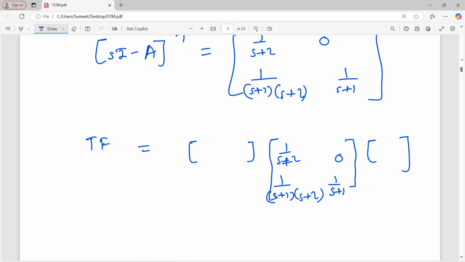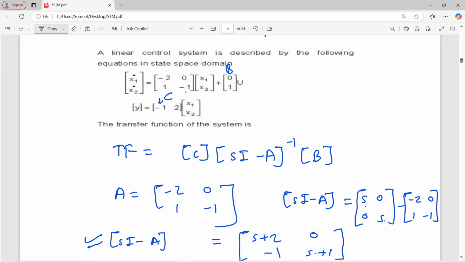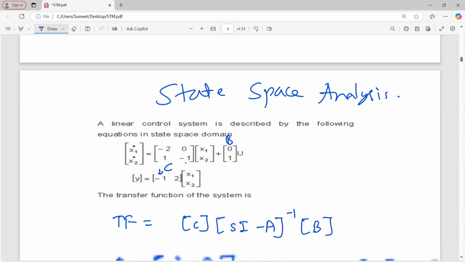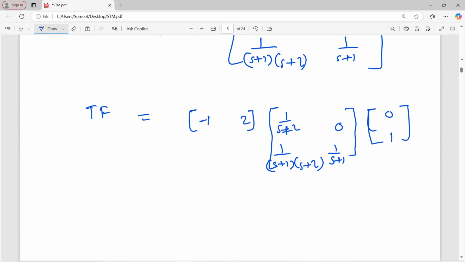Put the value of B matrix also. Okay, so I will just check what are the values of C matrix and B matrix. So C matrix is [-1 2], and B matrix is [0 1]. Okay, C is [-1 2] and B is [0 1].